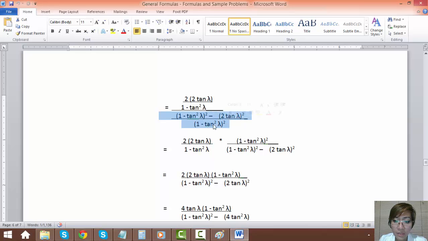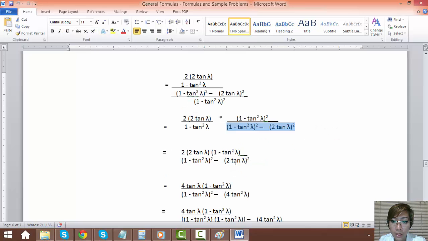So further simplification of this term will result in cancellation of this one, and since this is squared, we only have to cancel one term of this one.